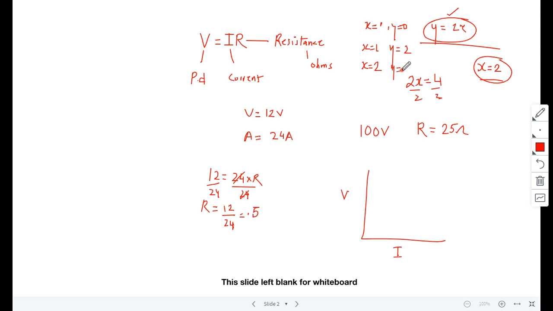Okay, x equals 2. If you put x equals 2 here, what's the value of y? No, no, wait a second. It's y equals 2 times x, right? And if you put x equals 2, that means in place of x, you put 2. What's the value of y? That I'm asking.